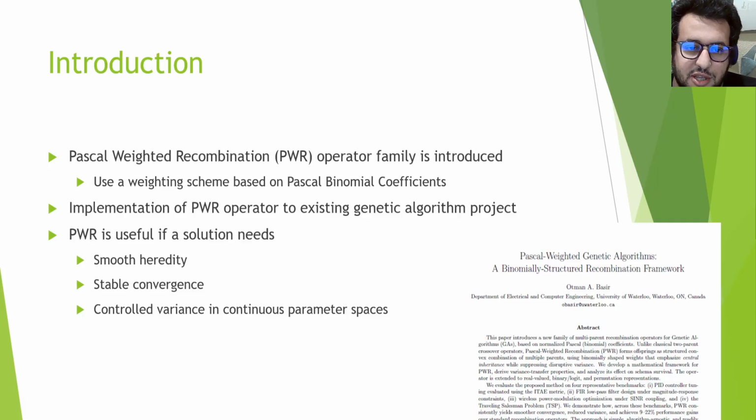It essentially uses a weighting scheme that is based on binomial coefficients, and it is doing this specifically for the recombination of a genetic algorithm. I've also implemented this PWR operator in an existing genetic algorithm project I wrote a little bit ago.